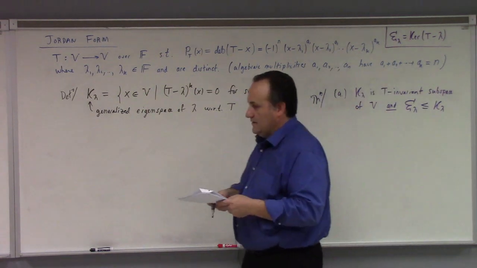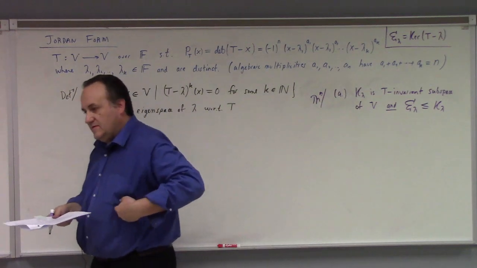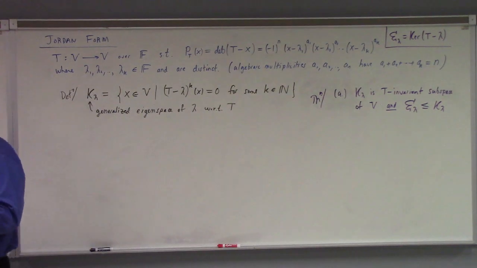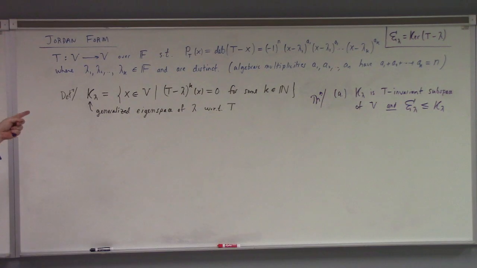That's not particularly a deep part of the theorem because you can pretty easily see that an eigenvector satisfies the defining condition of K lambda with k equal to 1, right? So it certainly includes eigenvectors.